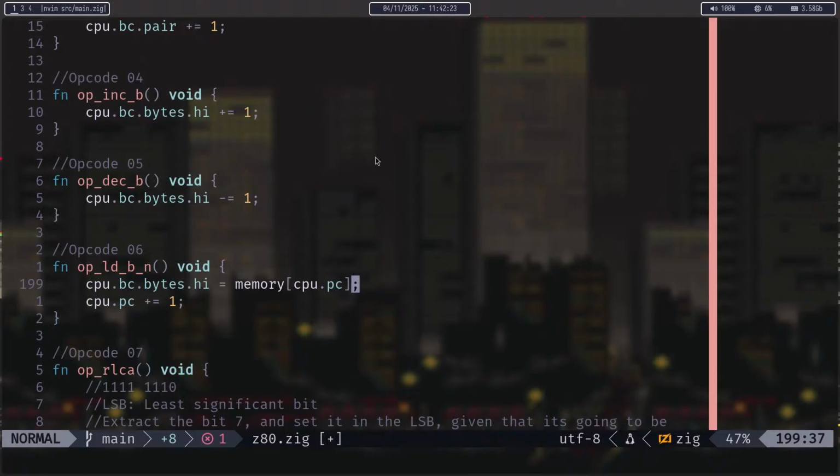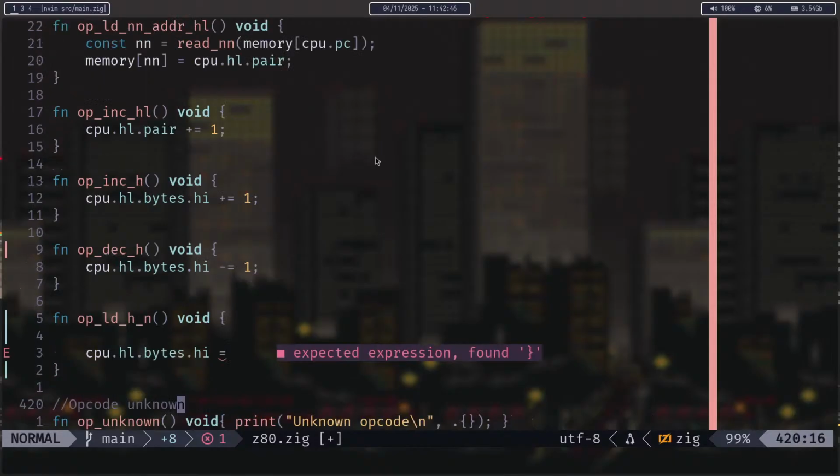Do you use an emulator? I mean, I'm trying to create one, basically with Raylib. So I don't know if that answers your question. I'm trying to create my own emulator. I mean, I barely even started with it. I've implemented the opcodes at this point. Memory.pc, I mean, I guess so.